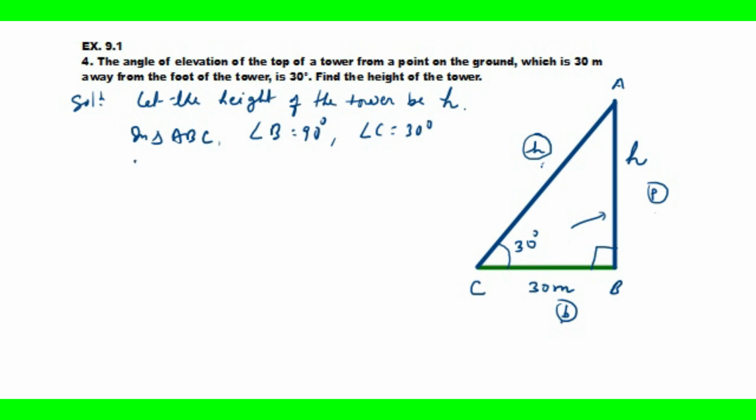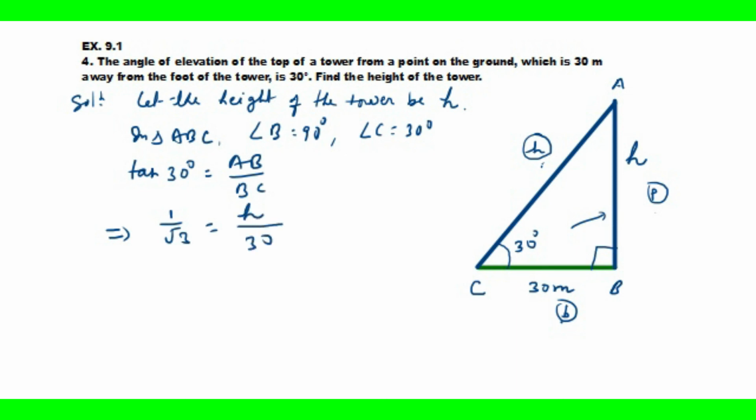The angle is given as 30 degree, and according to the formula, the perpendicular is AB and the base is BC. So tan 30 equals AB by BC. Now put the value: tan 30 degree is 1 by root 3, AB we need to find as h, and BC is given as 30.